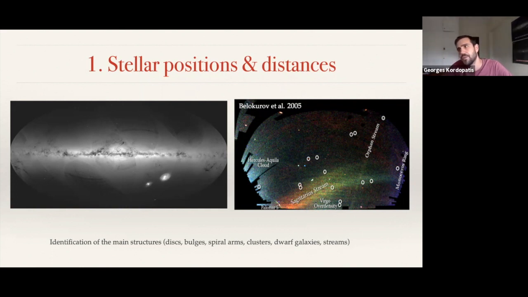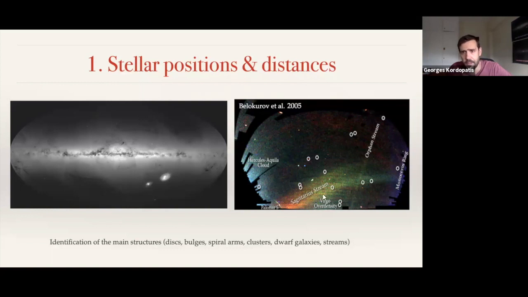And perhaps the most famous image is this one of Vasily Belokurov and collaborators back in 2005, which is called the field of streams, where you can see again density plots of the stars in the halo, color-coded by the distance of the stars.